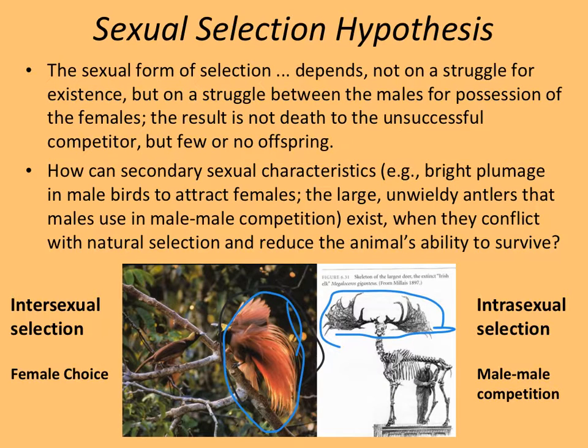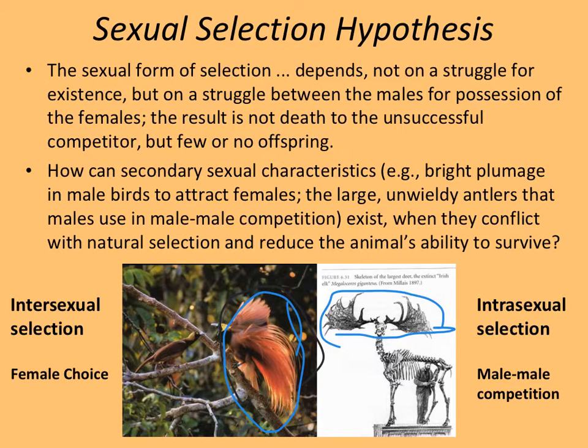Similarly, you have a big rack like that, and it was huge. Look at the guy who's, let's say, 6 foot tall. I mean, this was a monstrous individual, much bigger than the elk we have today.